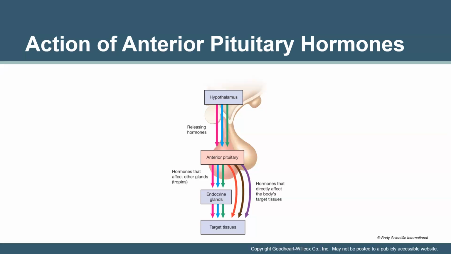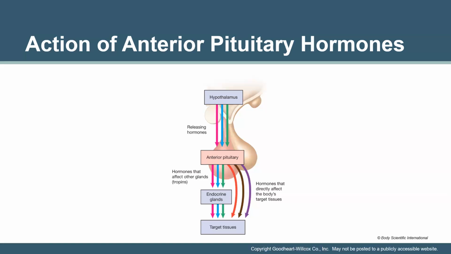And like we just said, anything that's tropic will have it in the name of the hormone, which tells us that it acts on an endocrine gland that was inspired to release it. Thyroid stimulating hormone, TSH, also called thyrotropin. Follicle stimulating hormone is FSH, and luteinizing hormone is LH. Hope that made sense.